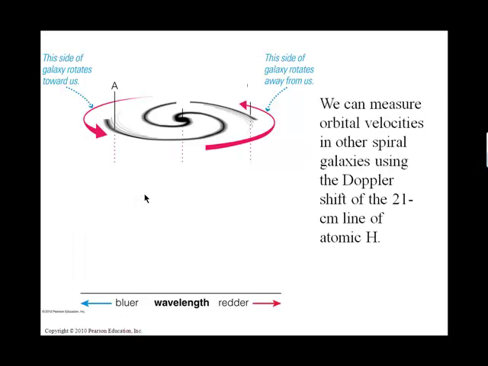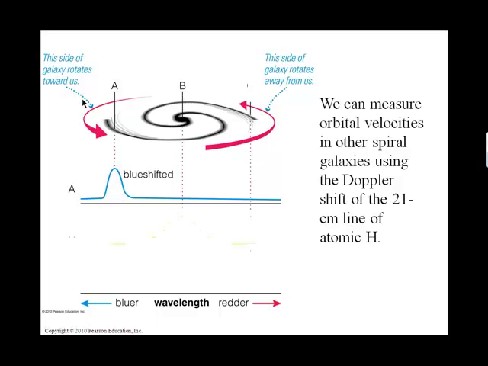Well, we can measure the orbital pattern of stars in the disks of other galaxies. And just to remind you, a technique we've used before is the Doppler effect. For instance, if we're looking at the disk of a galaxy that's not really edge on, but not really face on, so we get this sort of orientation, then a star over here, star A, from our perspective, will have radial motion coming towards us, so we'll see a blue shift.